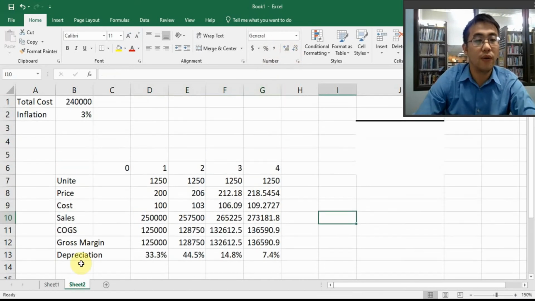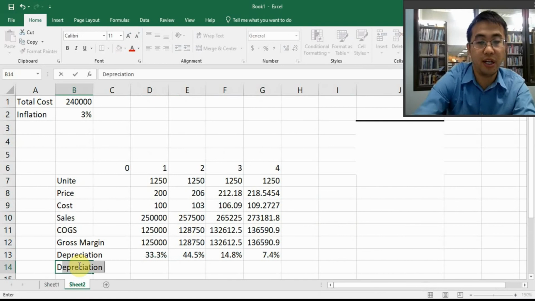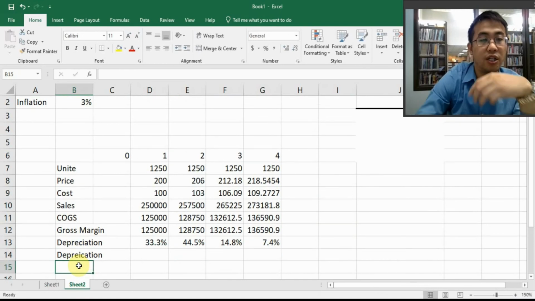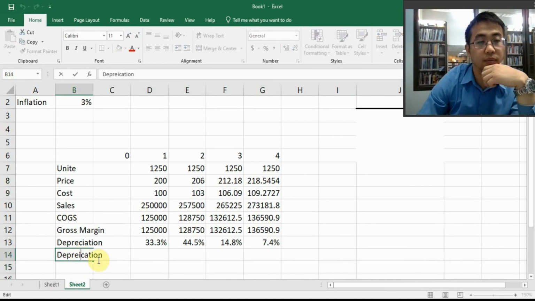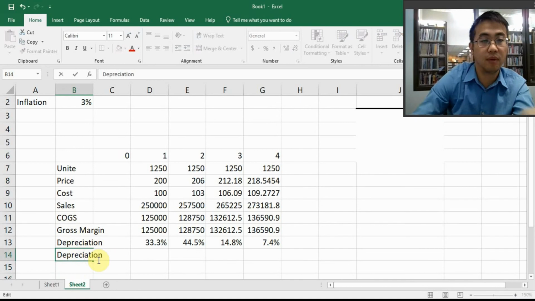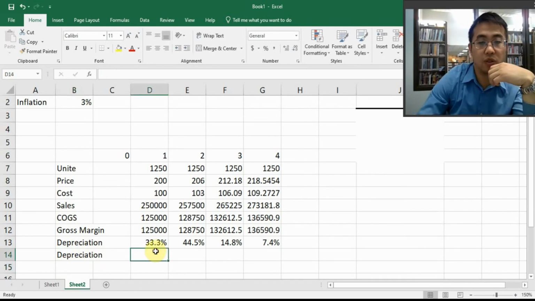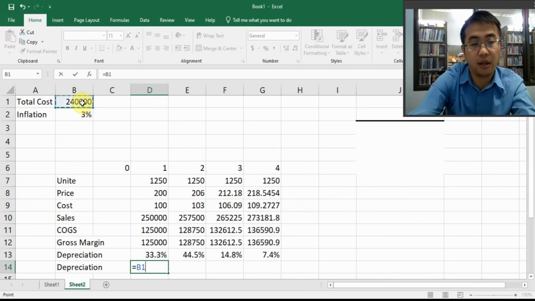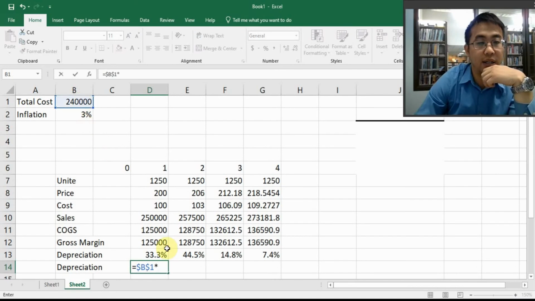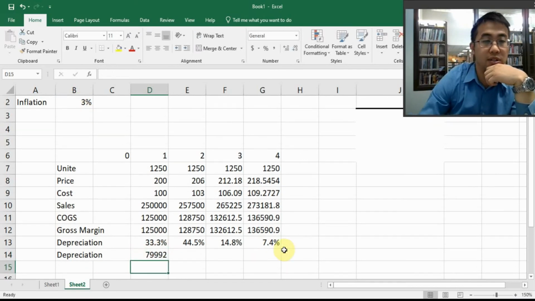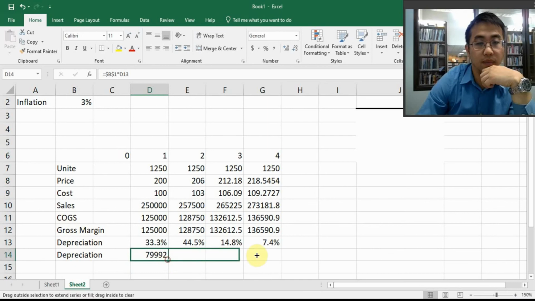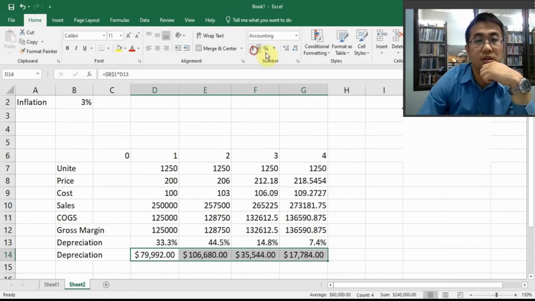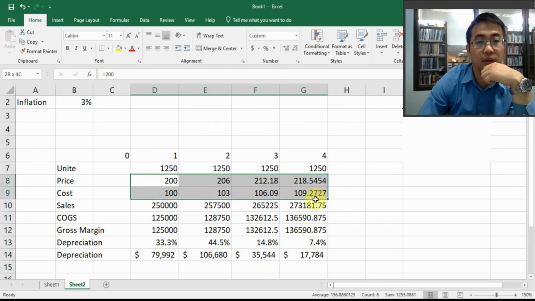Okay, so when I calculate each depreciation for each year, I will use the depreciation basis, which is up there, lock it, multiplied by each of the depreciation percentages. So this is in dollars, and all this would be in dollars.